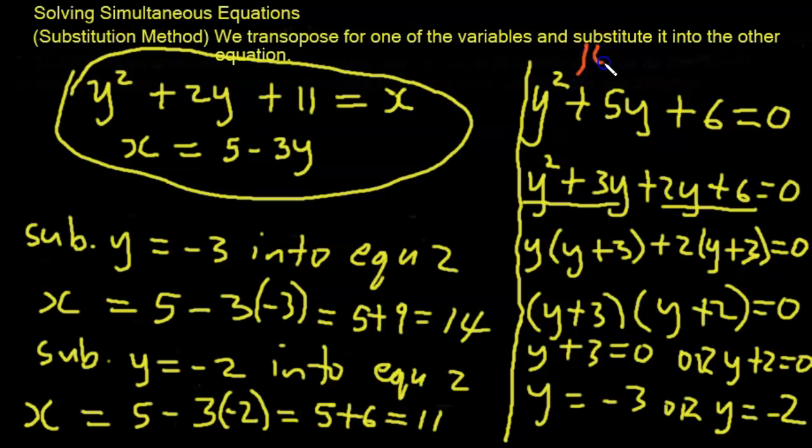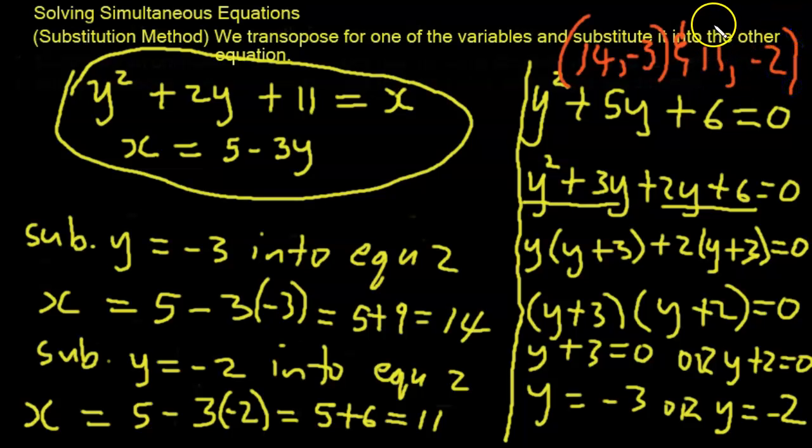So 14 corresponds with y being negative 3. And when the y value is minus 2, the x value is 11. So 11 for x corresponds with minus 2 for y.